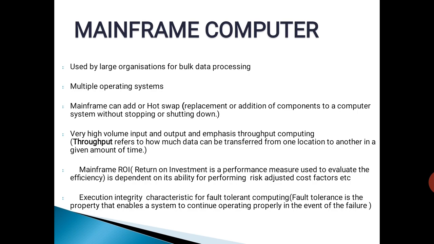Very high volume input and output, and it emphasizes throughput computing. And what is throughput? It refers to how much data can be transferred from one location to another in a given amount of time.